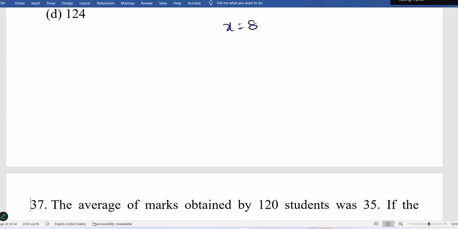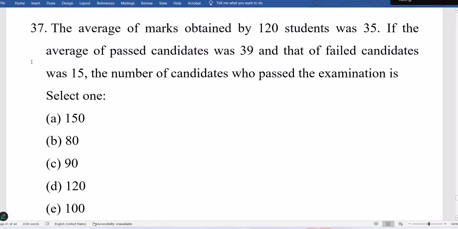Now see 37. Average of marks obtained by 120 students was 35.